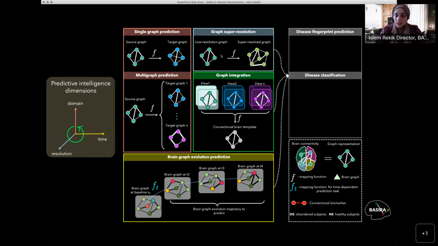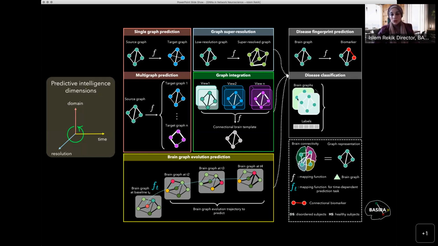So once we predict the data, then what do we do? You might ask me, oh, you're just predicting all these networks. So what then? Ideally, we would use the predicted data along with the ground truth one, and then we will train a classifier to enable us to identify biomarkers.